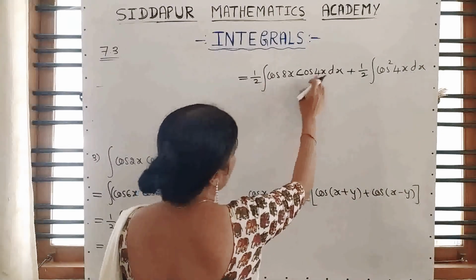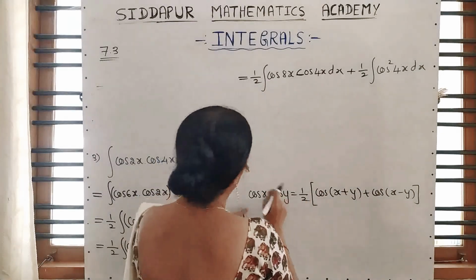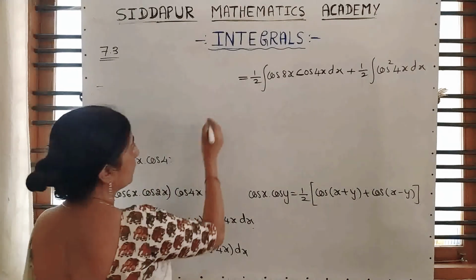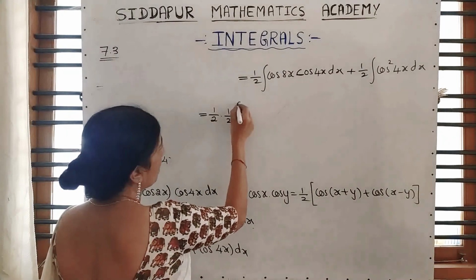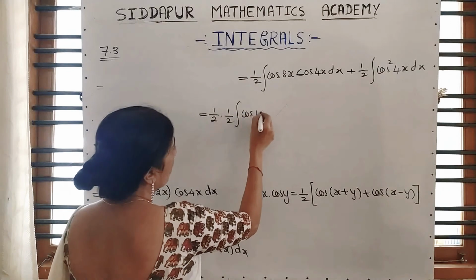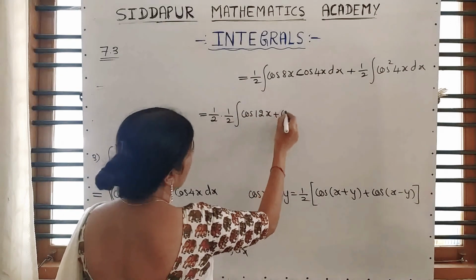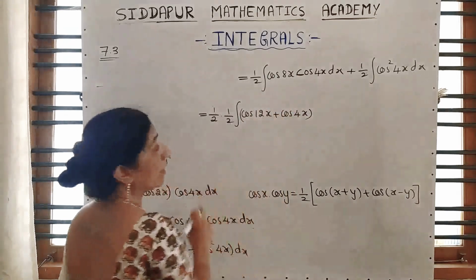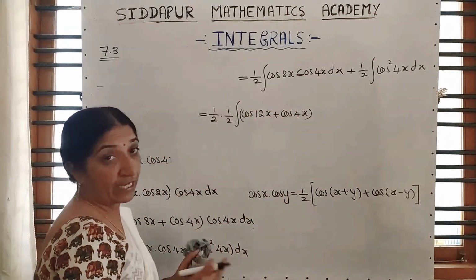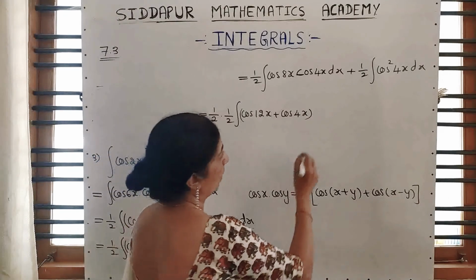Here cos 8x and cos 4x is again in this formula, so apply that formula. It is 1 by 2. One more 1 by 2 comes here, cos of 12x plus cos 4x. See, multiplication we are converting in the form of addition of two terms, applying this formula.